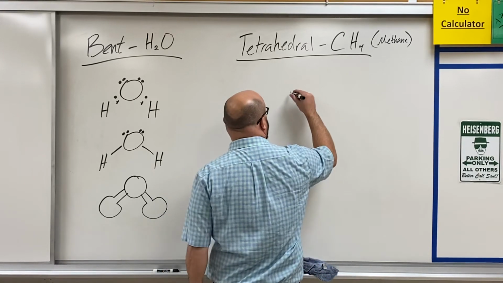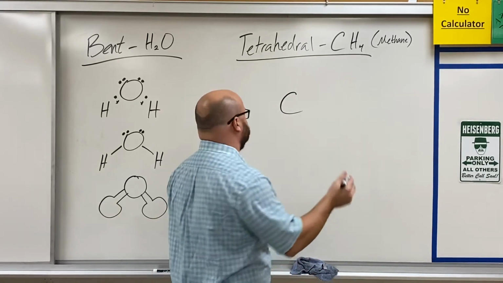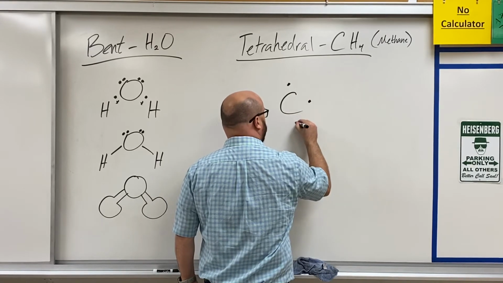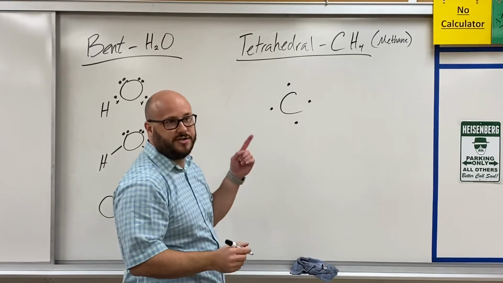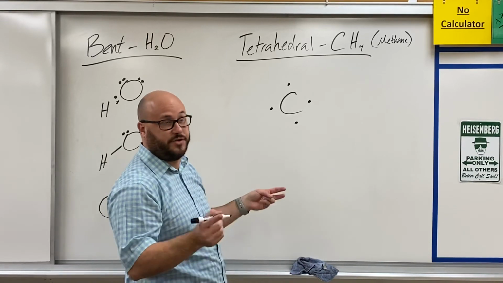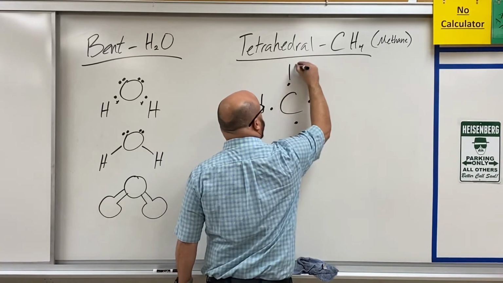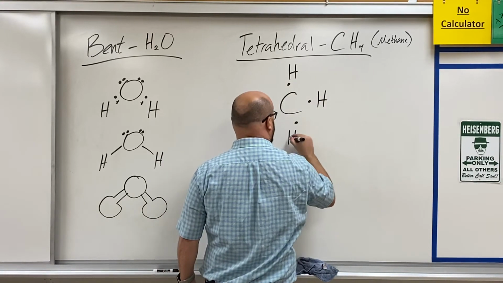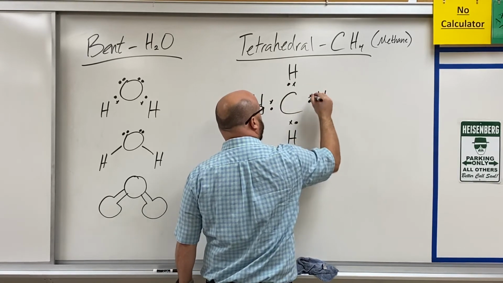So carbon, right there, he has 4 valence electrons to share. He's going to share 1 there, 1 there, 1 there, 1 there. Hydrogen needs to share 1 electron to have 2. We're going to put hydrogen on all 4 sides. 1, 2, 3.